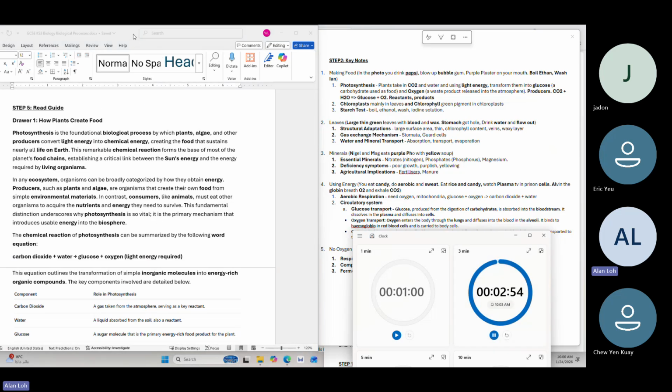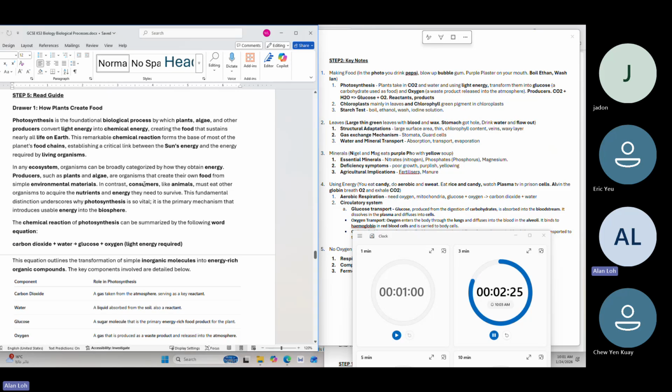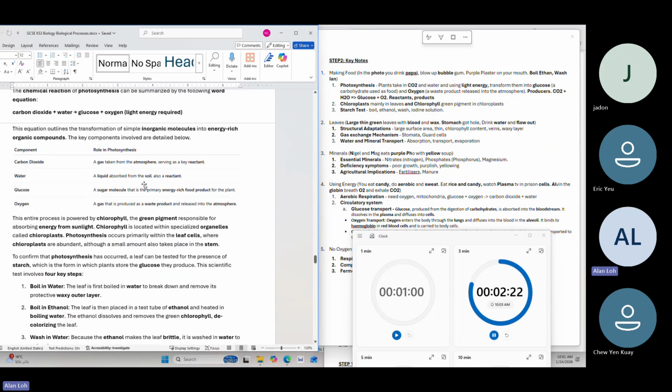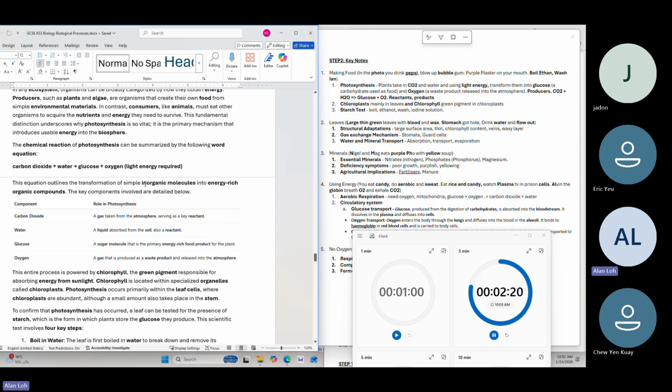This is clearly drawer number 1, photosynthesis. Okay, I'll scroll down a bit here. Okay, I'll scroll down a bit more, a bit later.